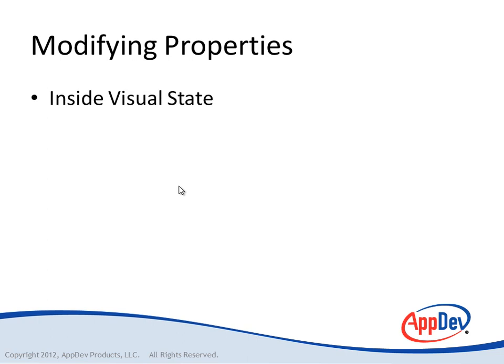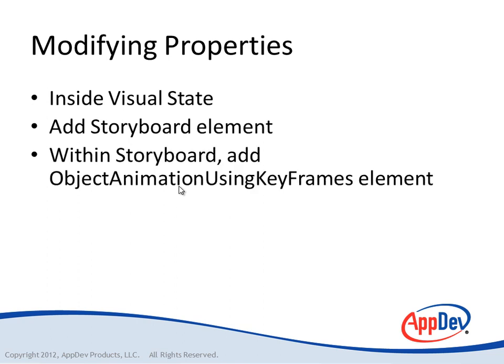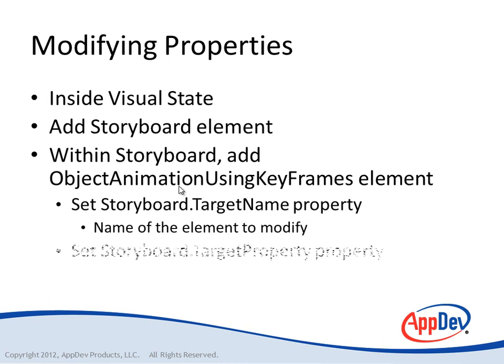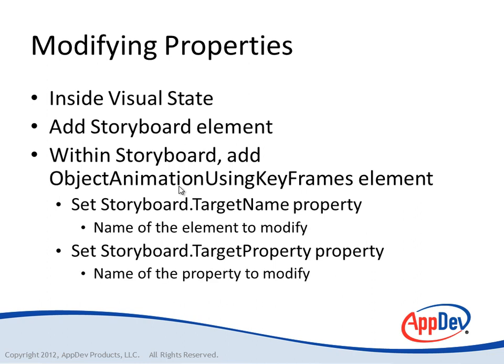To modify properties inside a single visual state, add a storyboard element. Within the storyboard, add an object animation using keyframes element. That's a discrete animation, and if you were doing animation, that would allow you to specify how long you want the animation to take. You would also specify the storyboard.targetName property, that's the name of the element you want to modify, and the storyboard.targetProperty property, which is the name of the property you want to modify.